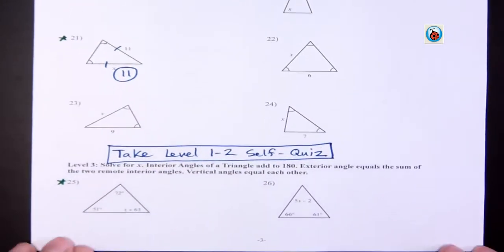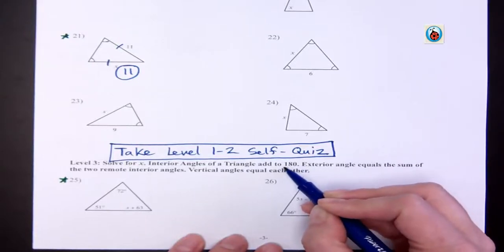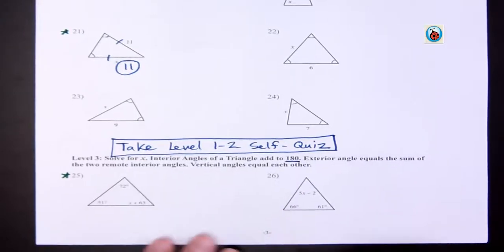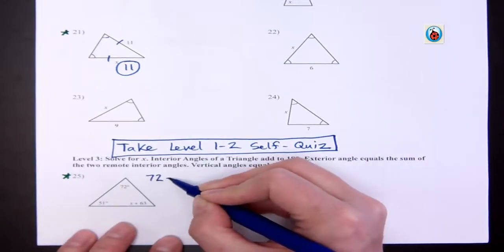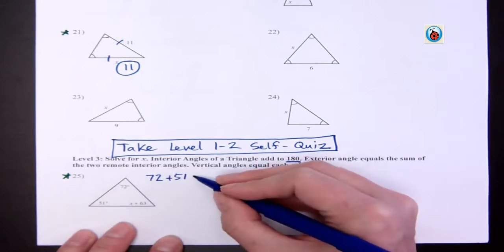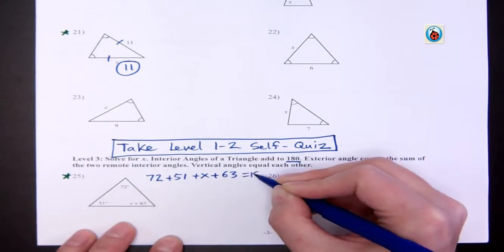Okay, so moving on here, we have the same rules where interior angles add up to 180 degrees. And so now I just have some algebra involved. So I take my 72 plus 51 plus x plus 63 to equal 180.